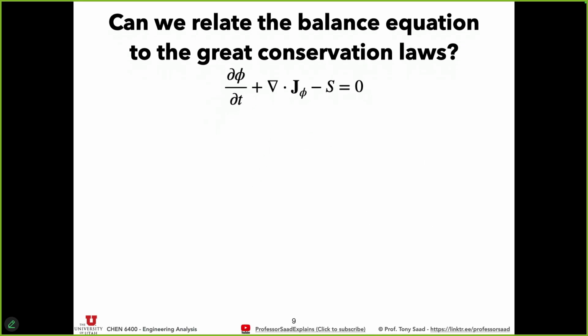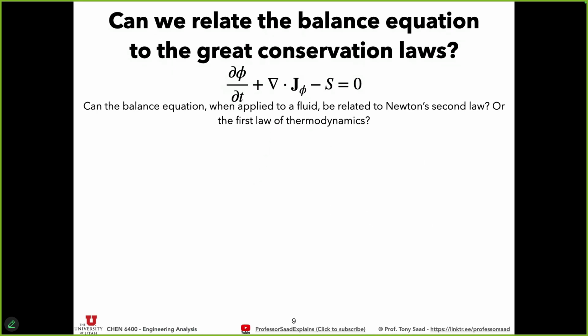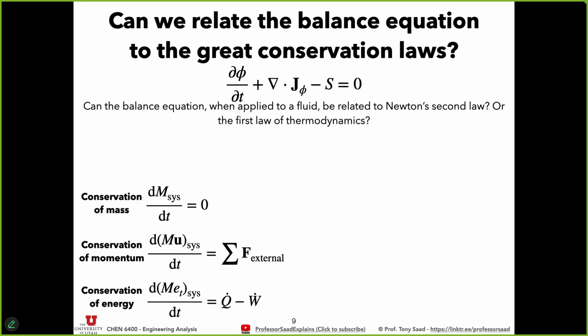So how can we derive this? How can we tie this back to the great conservation laws? That's the primary question. Can I tie this back to Newton's second law, to the first law of thermodynamics? Now, if you remember the great conservation laws, we had three primary laws that can be expressed in the following manner. First, mass for a system, bear with me for a second here.